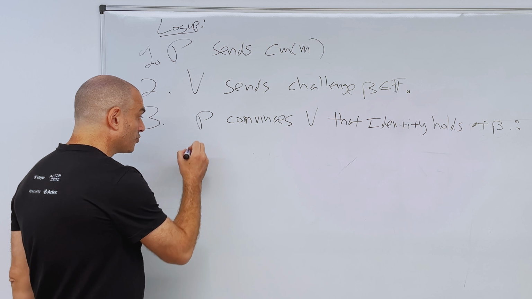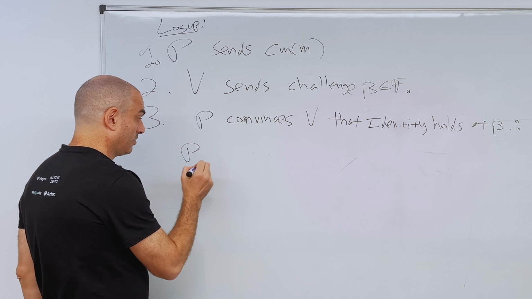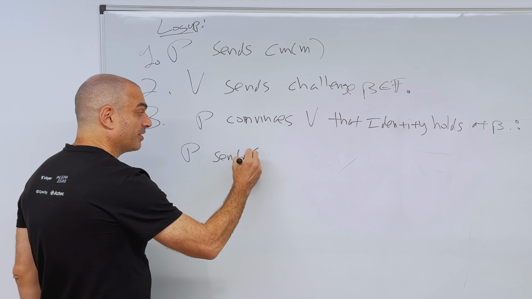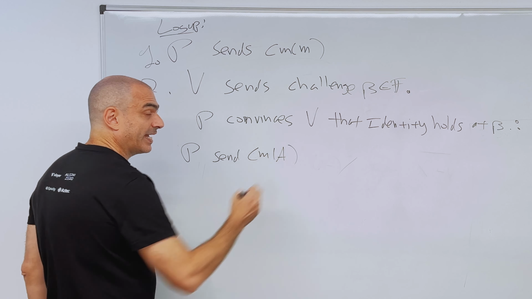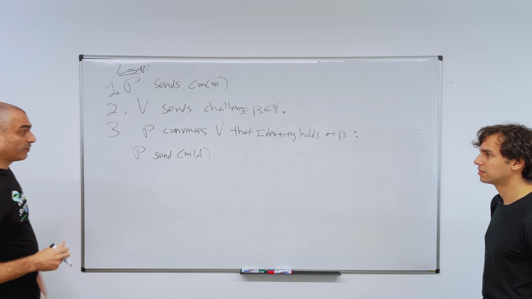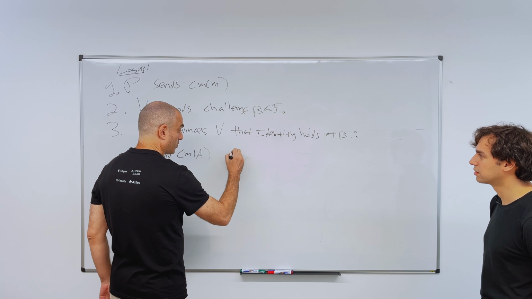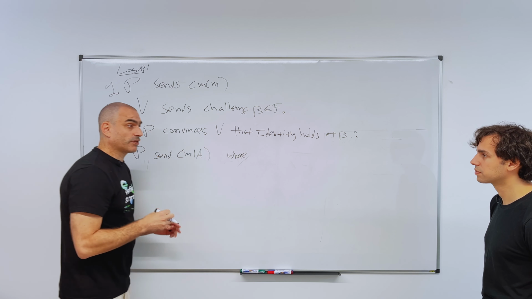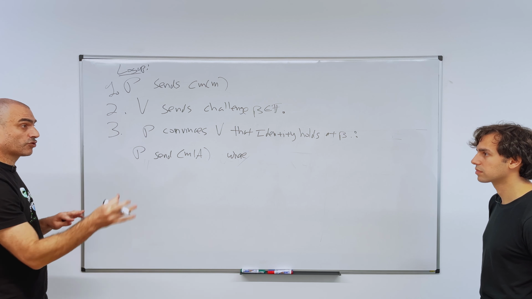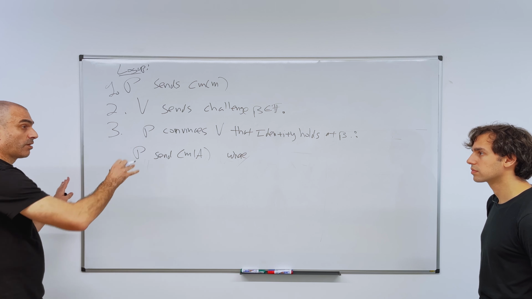Cool. So P will send a commitment to a polynomial A. Okay. And what is this polynomial A? Here, like I said earlier, I'm going to interchange between talking about polynomials and vectors.